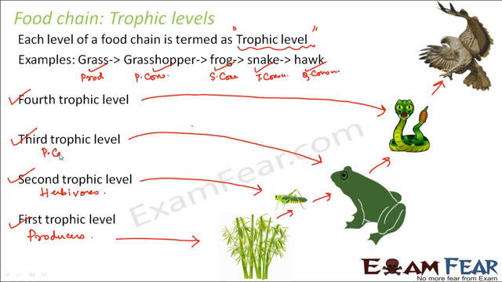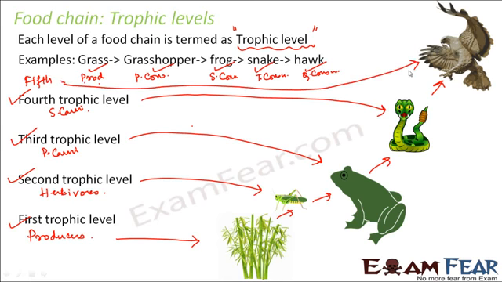So this is primary carnivore, this is secondary carnivore, and even after this you will have a fifth trophic level, and the fifth trophic level will be occupied by the tertiary carnivore. This is how the trophic level will keep on increasing. The number of steps involved in a food chain is going to be equal to the number of trophic levels involved in that food chain.